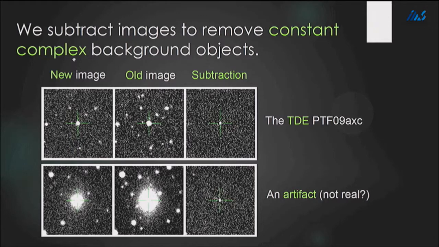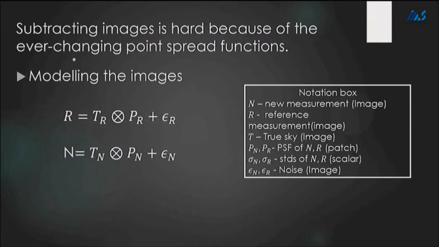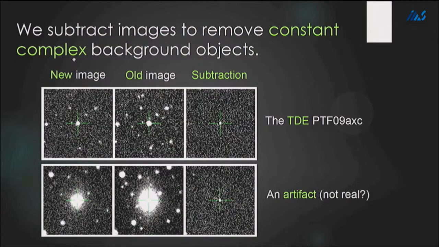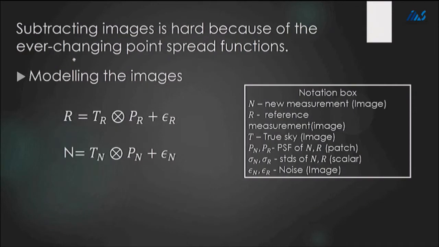Why should it come and go if it's an artifact? It's hard. I don't know. Why should artifacts that come with the atmosphere return in the same galaxy? No one knows. It might have been an AGN. You truly don't know.